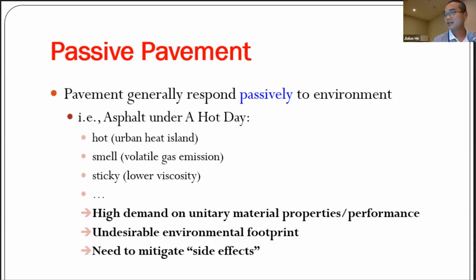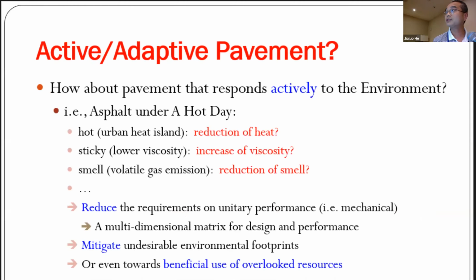So what we propose is what's called active infrastructure or adaptive infrastructure, which actually works with the environment and modulates it. For example, with asphalt pavement on a hot day, when the road becomes very hot, the material itself should be designed to deal with the heat. Maybe it should have higher solar reflectance, so that it works with the environment.